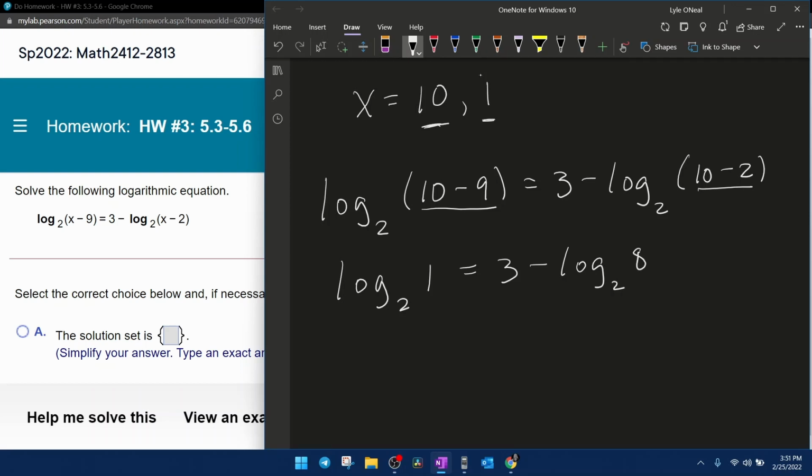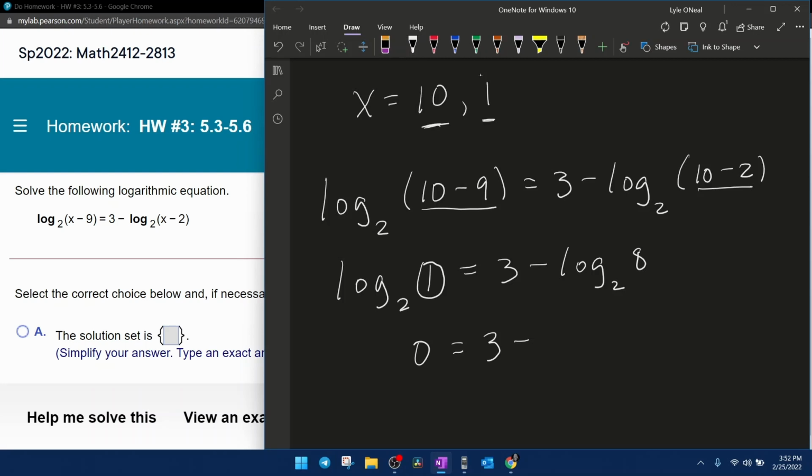Now, fun fact, log of 1 is 0 no matter what the base is. So log base 2 is going to be 0 because we're taking the log of 1. Again, on the other side, 3 minus log base 2 of 8.